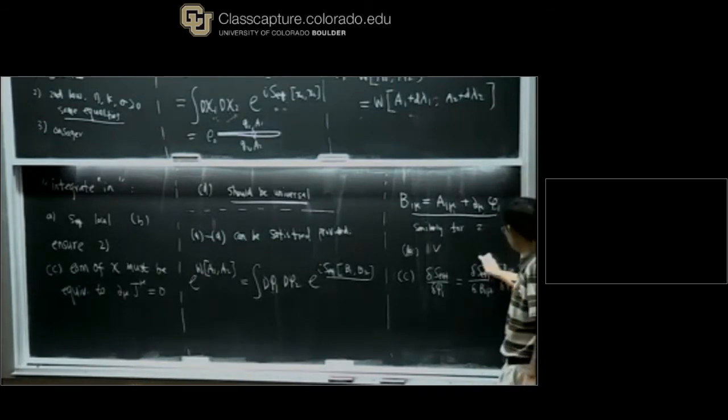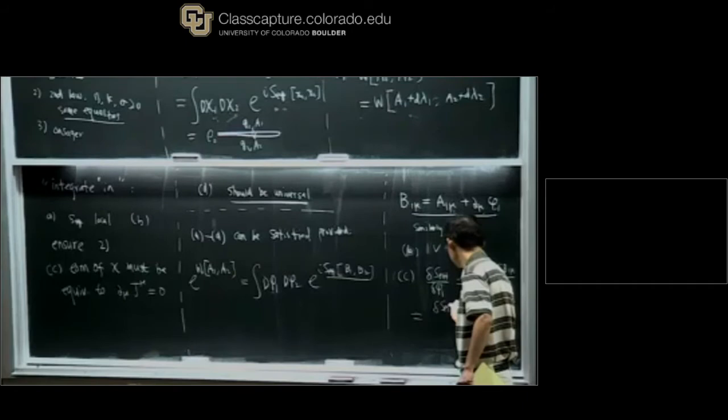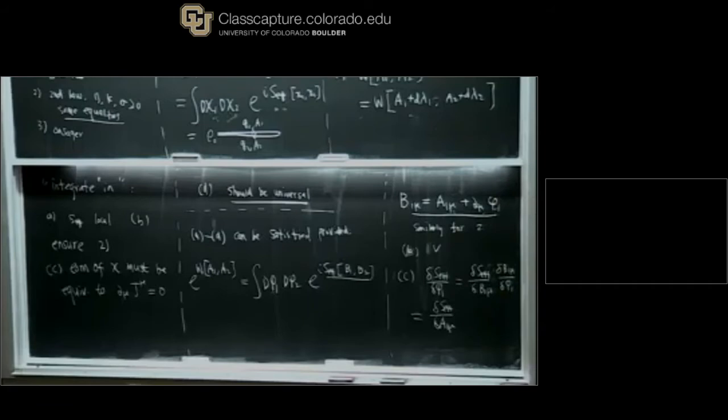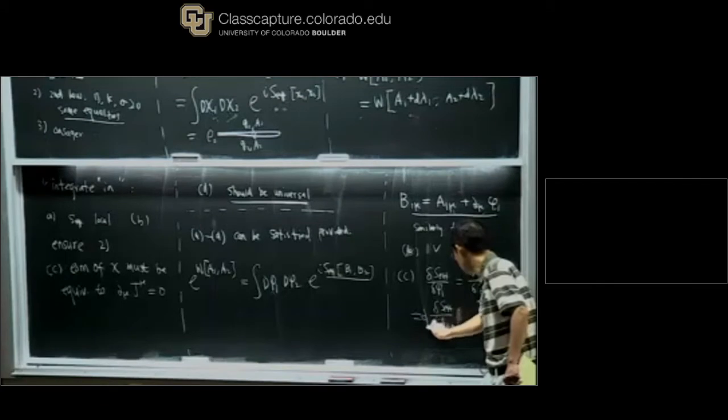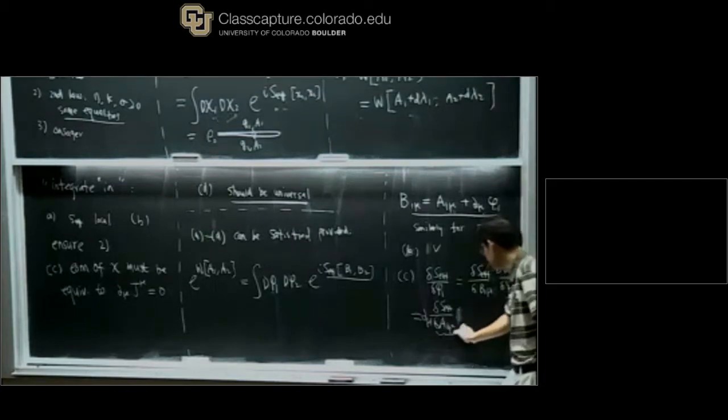The first just becomes the derivative over A, because B is equal to A plus that. The second is just a total derivative, so you can integrate by parts. And the first by definition is the current. So now we have a conservation of the current. This equal to 0 means that the phi equation of motion is equivalent to the current conservation.